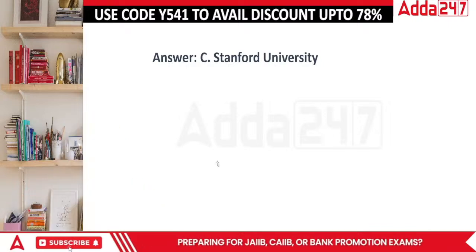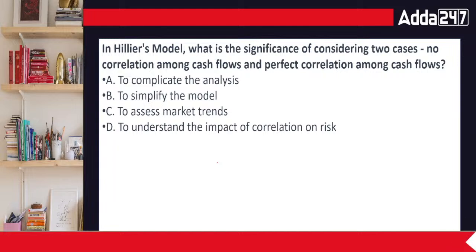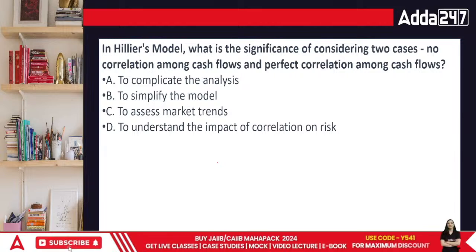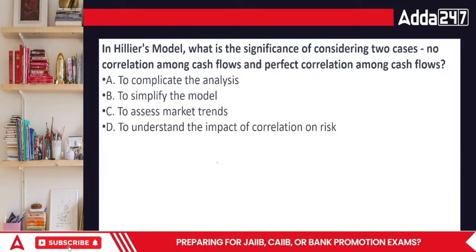Okay, now let's move on and look at the next question. In the Hillier model, what is the significance of two cases: no correlation among cash flows and perfect correlation among the cash flows? To complicate the analysis, to simplify the model, to assess market trends, or to understand the impact of correlation on risk?